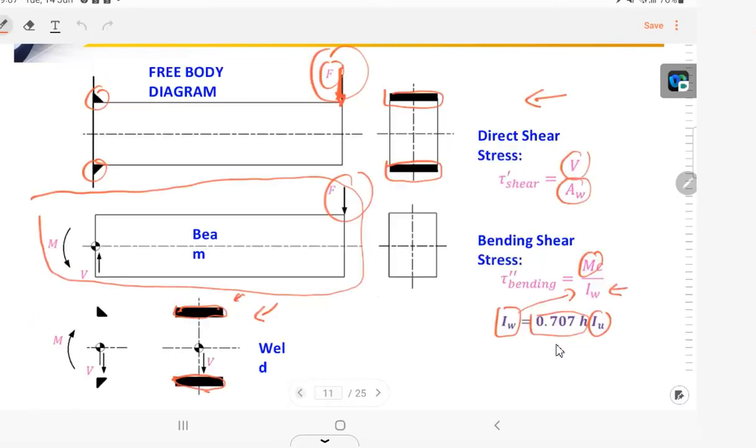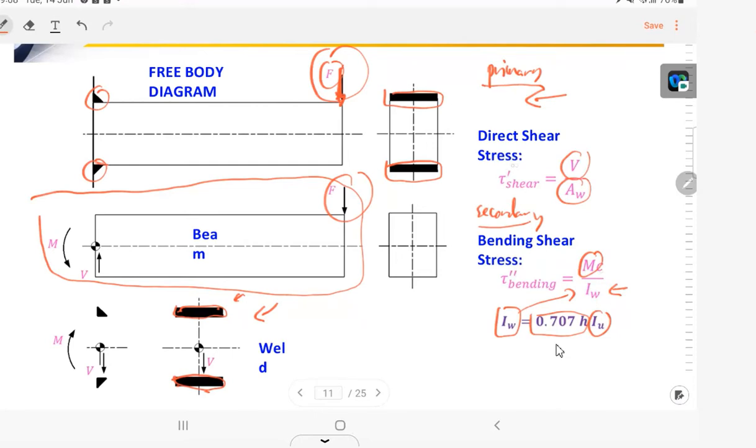Kalau kita tengok dekat sini, we have two. Okay, one is the primary, this is the primary. This is the secondary. For the primary, we have direct shear stress, and for the secondary, we have bending shear stress.